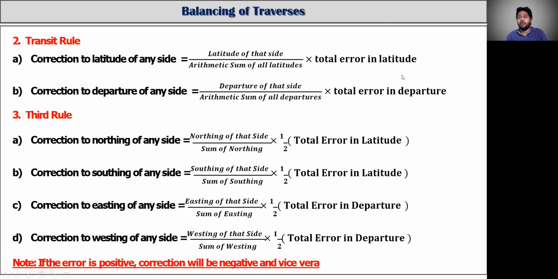Whatever the sum of latitudes you are getting should equal the sum of departures. If they are not equal, then if we subtract, we will get some error. That total error in latitude we should identify and multiply with the latitude of the side we are selecting, divided by the arithmetic sum of all latitudes. We will get the correction to the latitude of that side. Whatever side you select, that side should be corrected with reference to this.